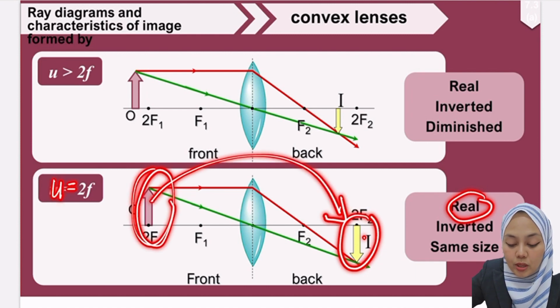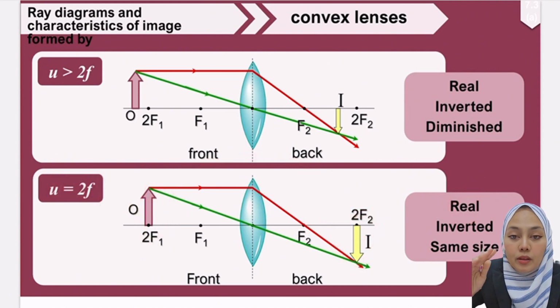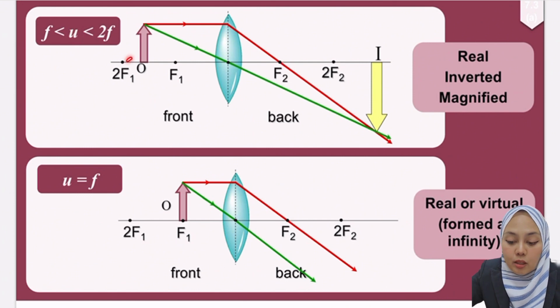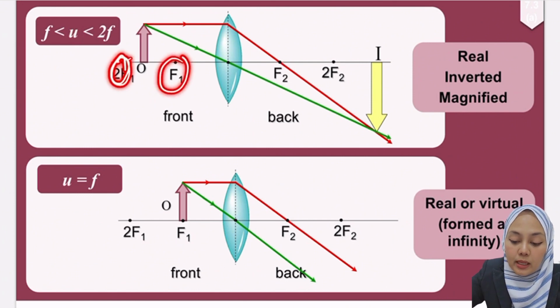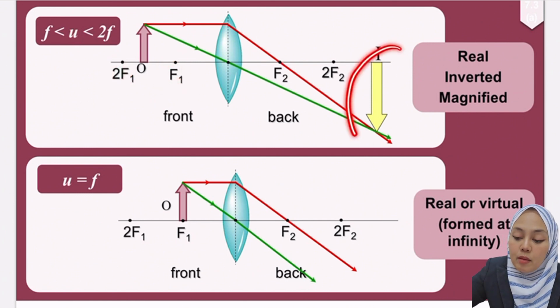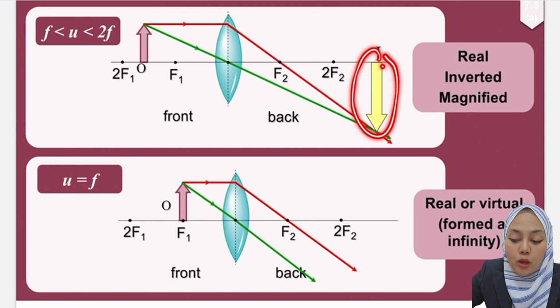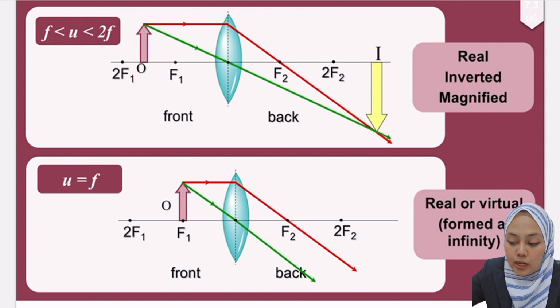This is for the object when it is placed at double the focal length. Next, we have when the object is located between double the focal length and the focal length. The image is again real, but this time it is magnified. Again, a real image is one formed on the other side of the object.